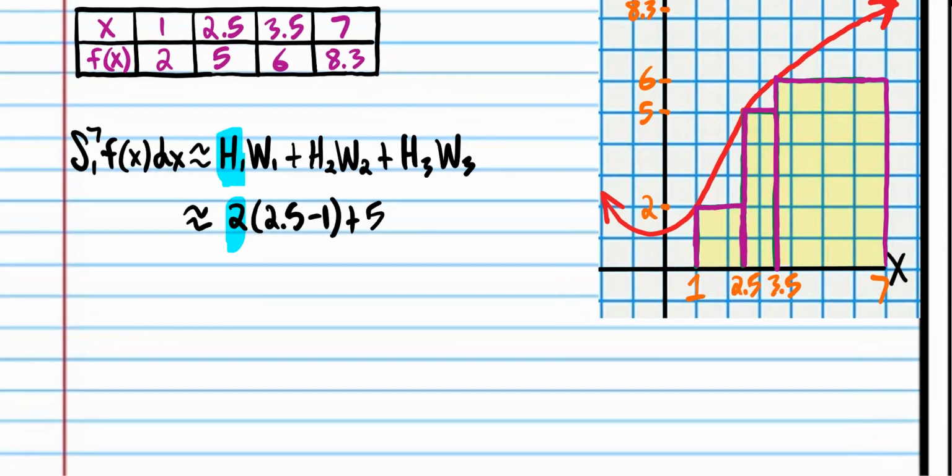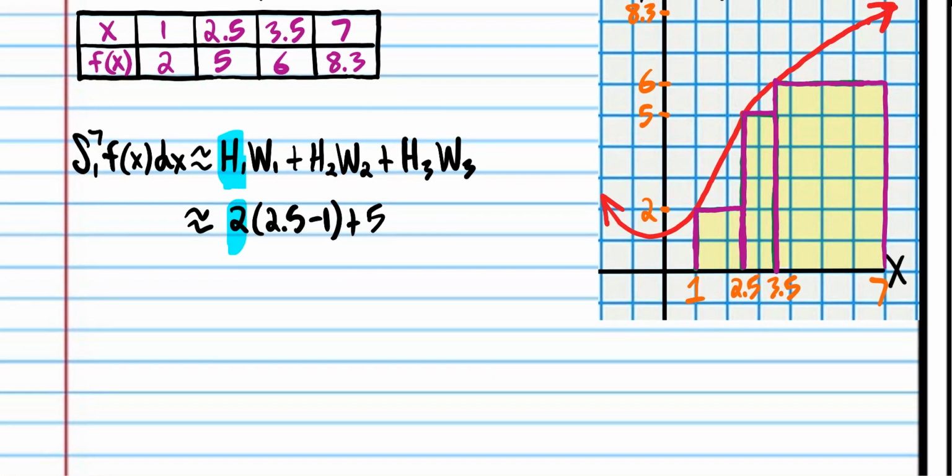So you need to think about the concepts of what we're using in the table also. So the height is 5 of the second rectangle. And then we're going to multiply by the width. So the width is just going to be 3.5 minus 2.5.